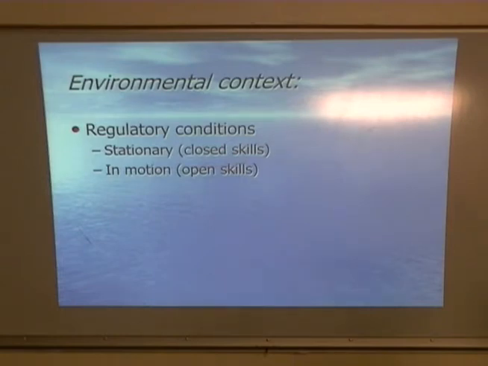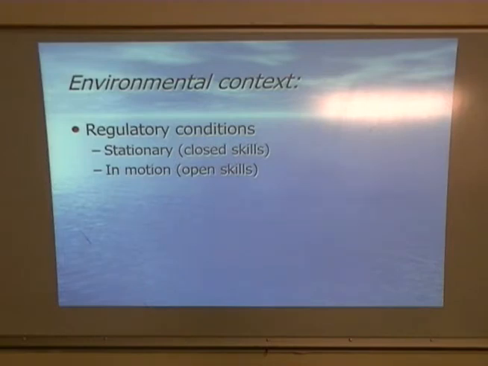This is very much like our open-closed single continuum. So she called her options here stationary, which are closed skills, and in motion, which would be open skills. So the environment is stationary or the environment is in motion.